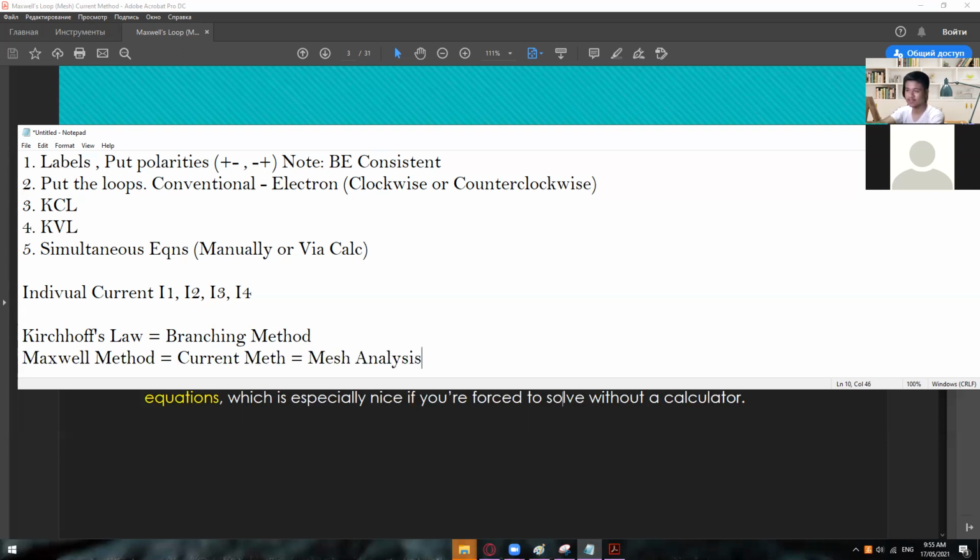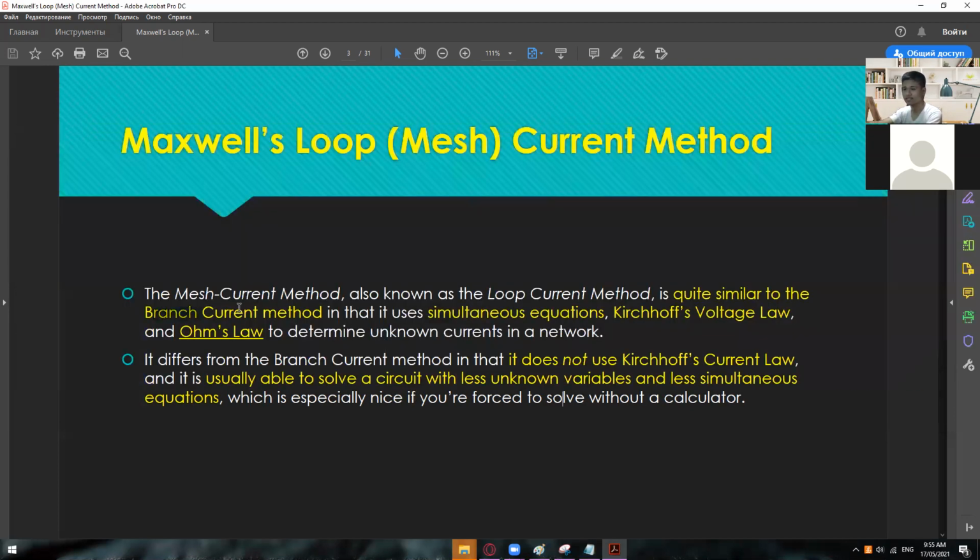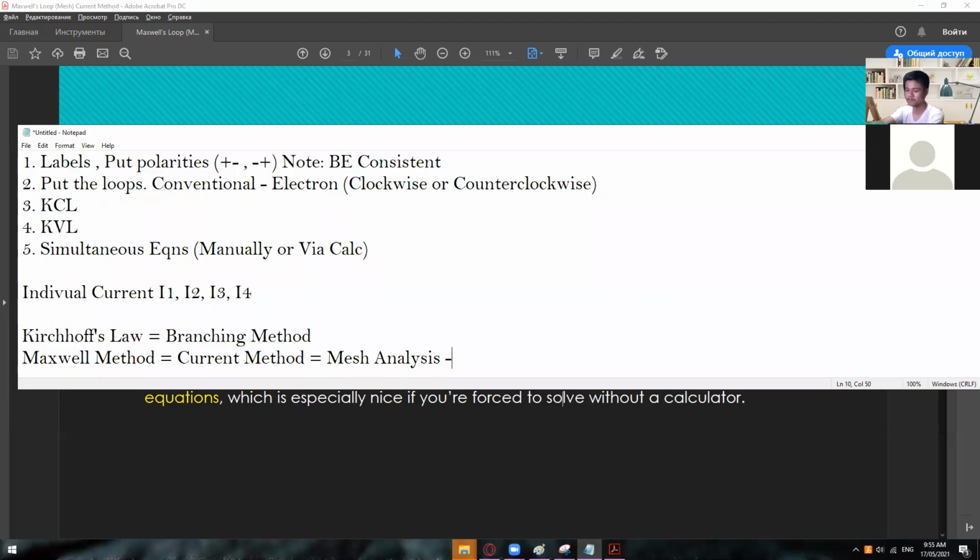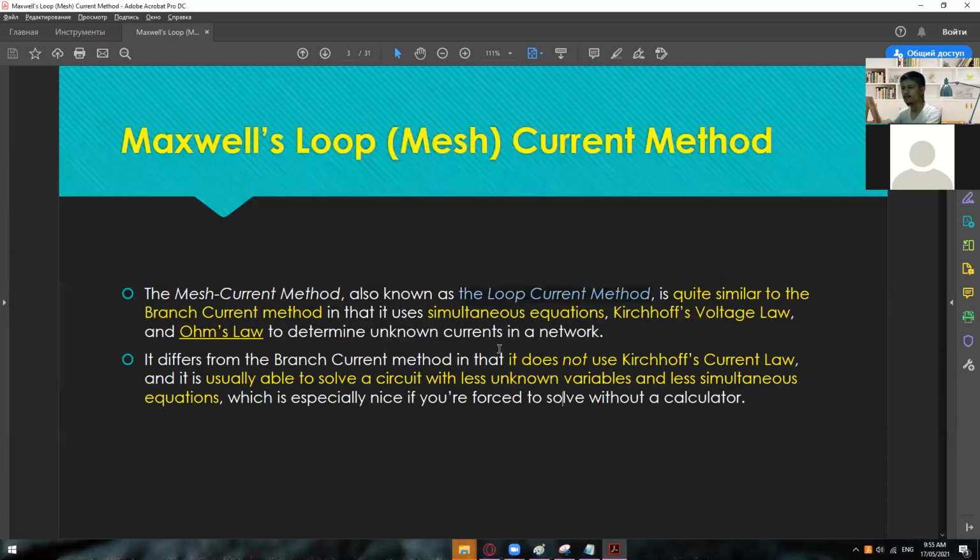So we have a lot of terms for this one. For Kirchhoff's law, sometimes we call that one branching method. But for the Maxwell, sometimes we call that one current method, mesh analysis, mesh method, or loop current method. The branch current method is the one that we're using when it comes to Kirchhoff's law, the KVL and then KCL.